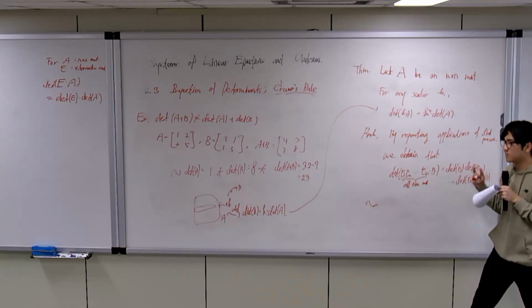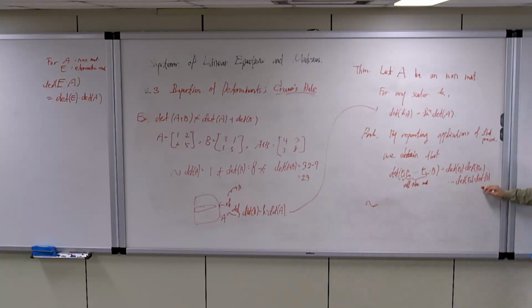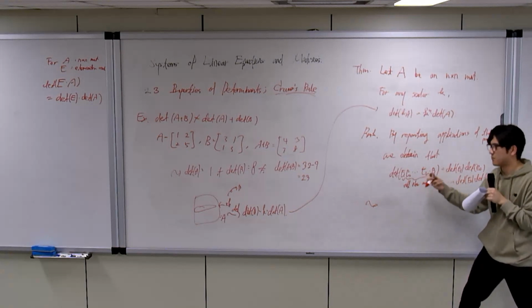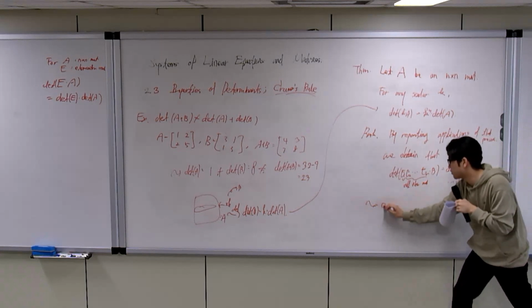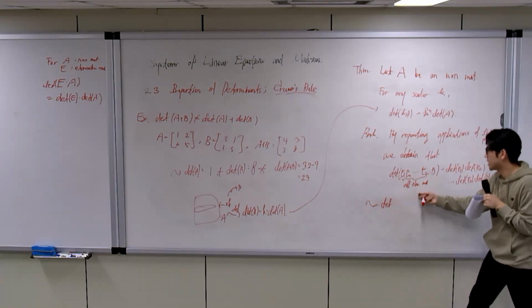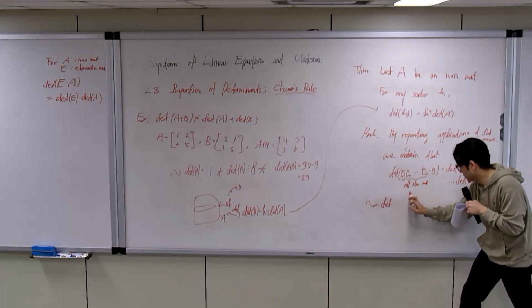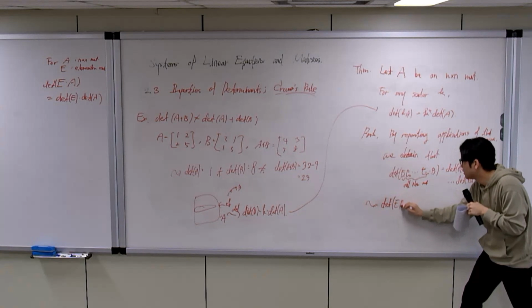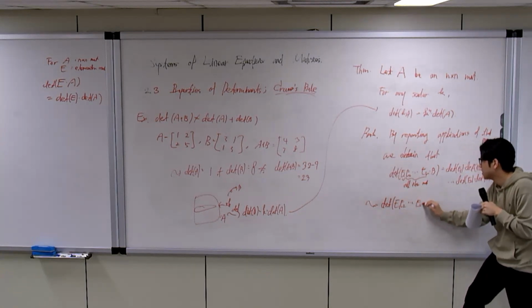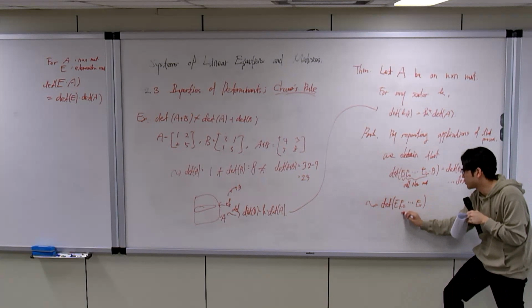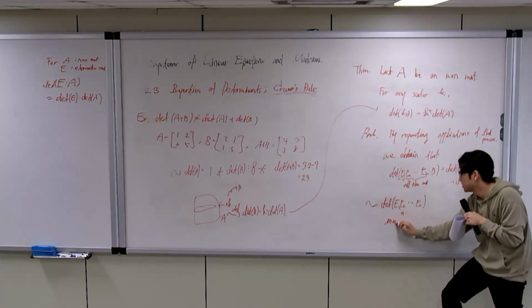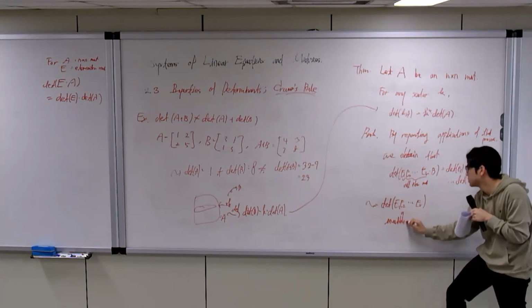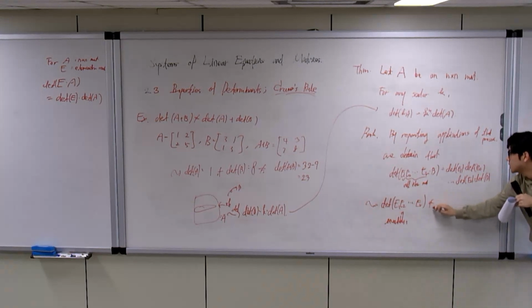An invertible matrix will be formed as a product of only elementary matrices. So it means an invertible matrix's determinant cannot be zero.